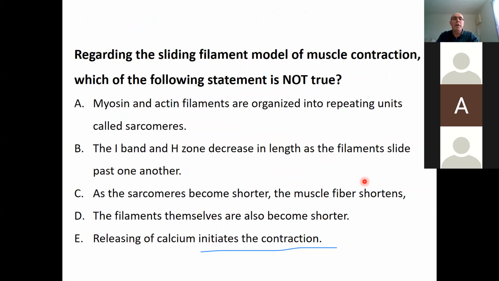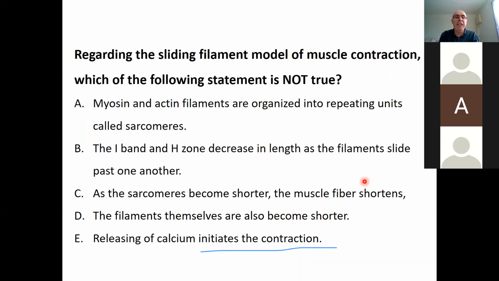Okay, this is the last question for these lectures. Regarding the sliding filament model of muscle contraction, which of the following statements is not true?